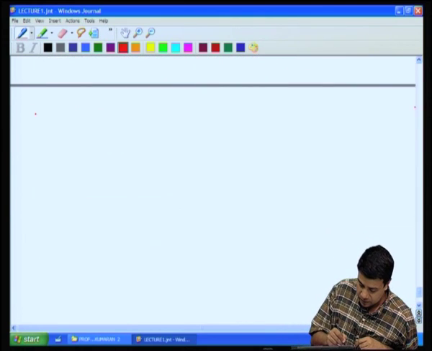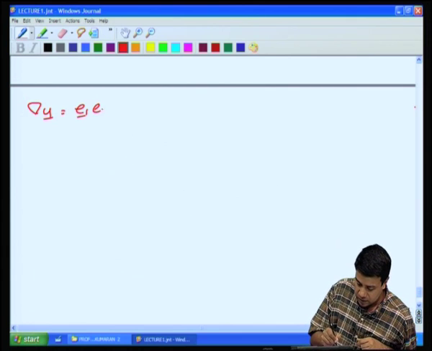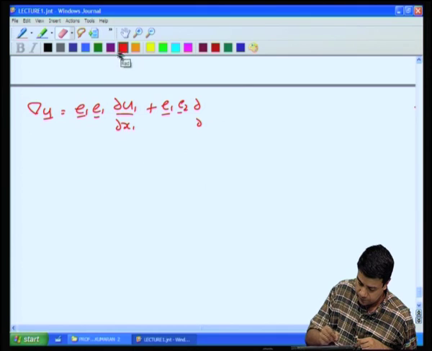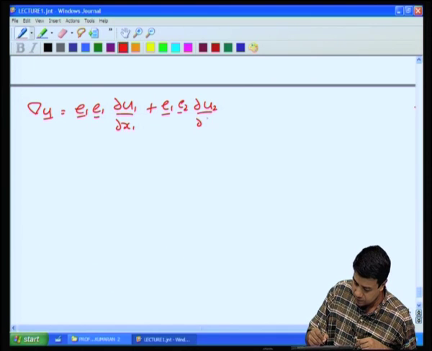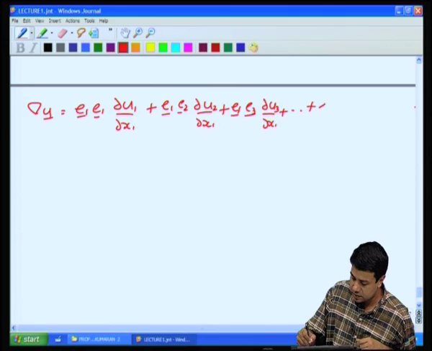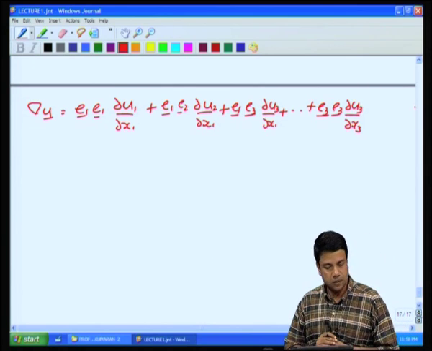This gradient of u, grad u, as I had defined it before, is equal to E1 E1 partial u1 by partial x1 plus E1 E2 partial u2 by partial x1 plus E1 E3 partial u3 by partial x1 plus etc. So, it now has 9 components.